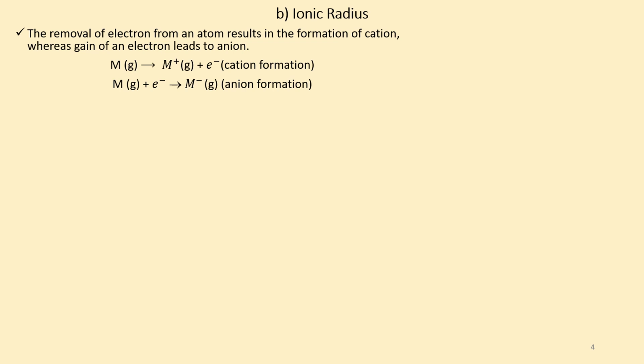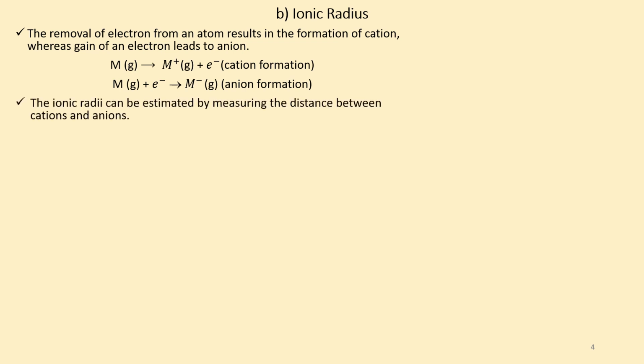Both are reflected on the screen. The ionic radii can be estimated by measuring the distance between cations and anions in ionic crystals. In general, the ionic radii exhibit the same trend as atomic radii.